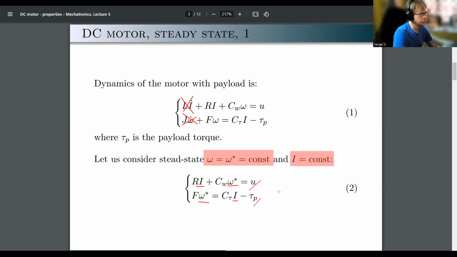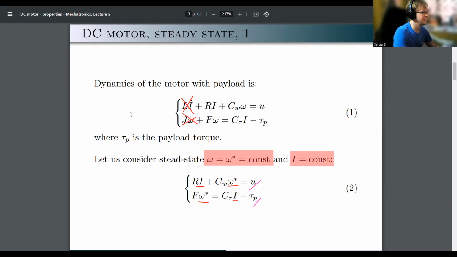So the equation becomes about algebraic relations between those four variables. If you know two, you can find the other two. So this is basically a relation between a set of four variables. Two have to be known for the other two to be found.